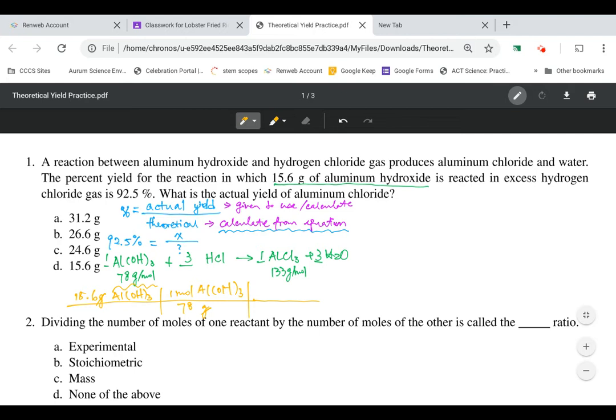So step 2, find the mole ratio. The mole ratio of aluminum hydroxide to aluminum chloride is 1 to 1.